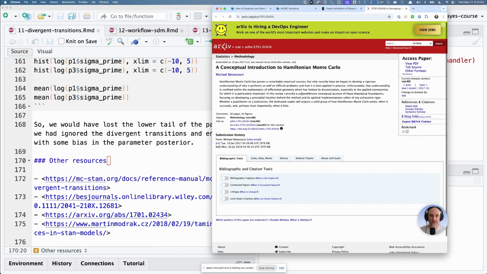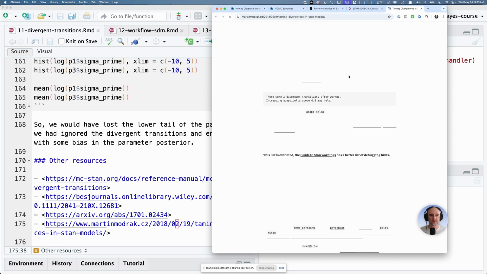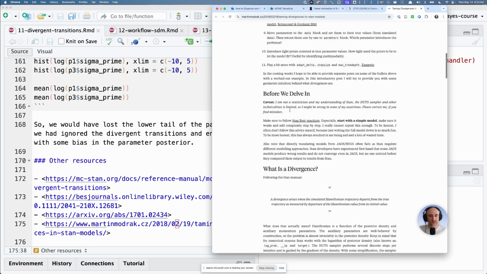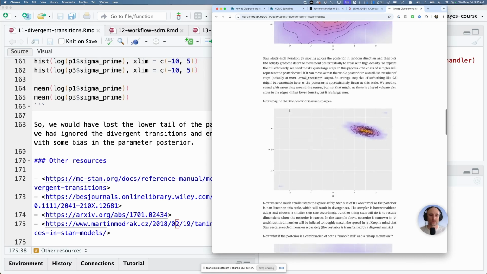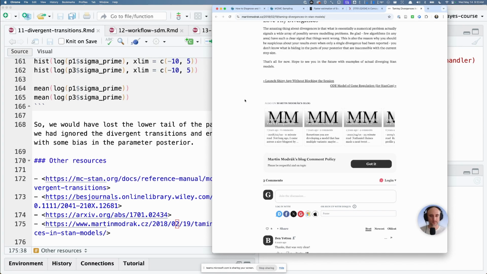That's the conceptual introduction to Hamiltonian Monte Carlo that I have mentioned many times. And then this is a blog post that I think is particularly helpful, working through some visuals of what's going on and so on.